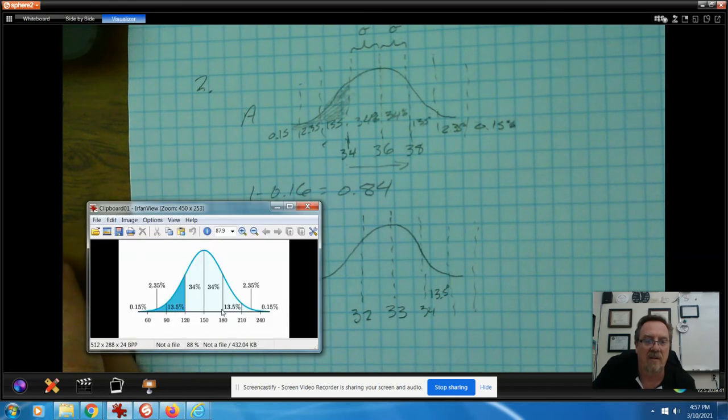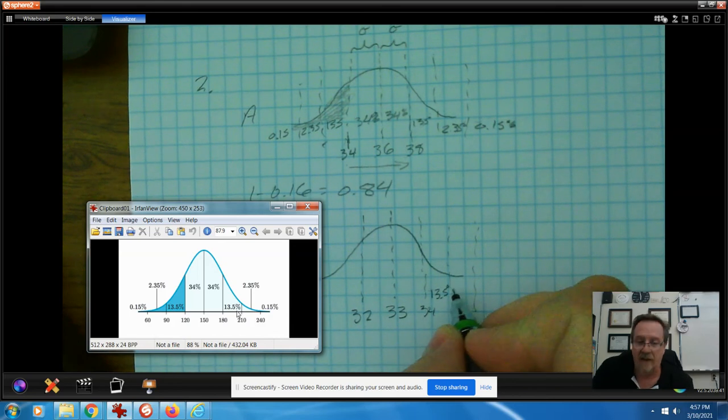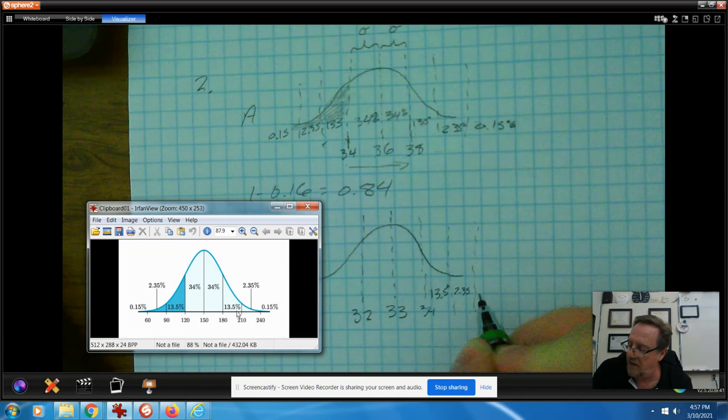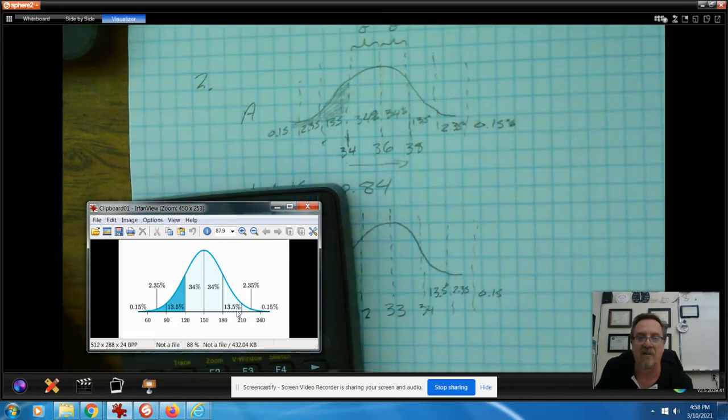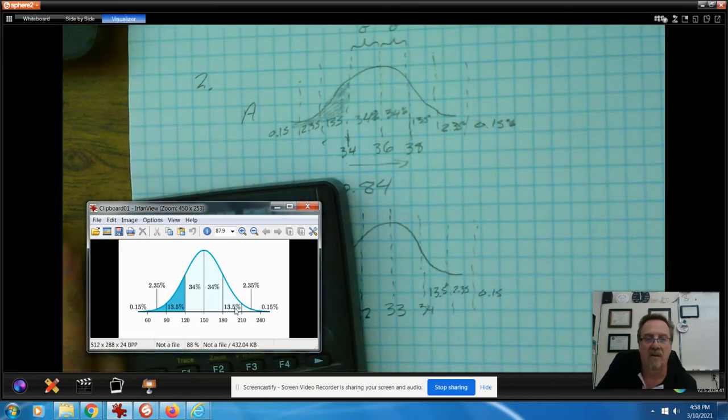Well, it's right here. Beyond 1 standard deviation, there's 13.5% in that region. Now, the next one is 2.35%. 2.35%. And then beyond that is only 0.15% of the population.